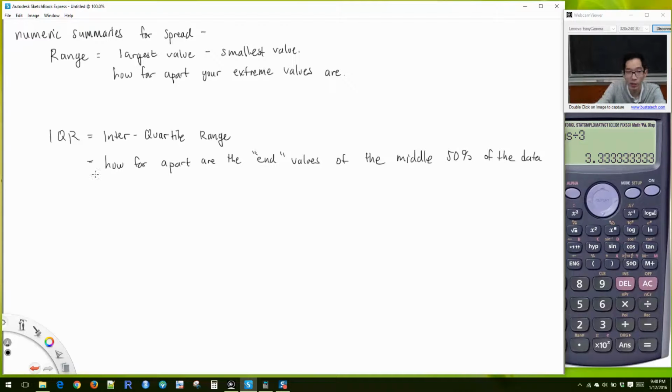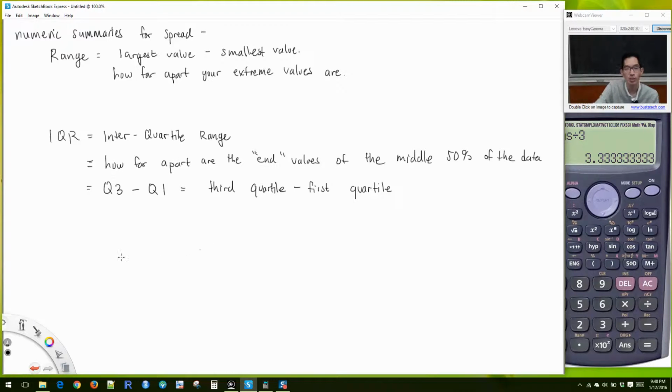Okay, and formally we define this as Q3 minus Q1, or third quartile minus first quartile. All right, and that's why it's called the interquartile range.